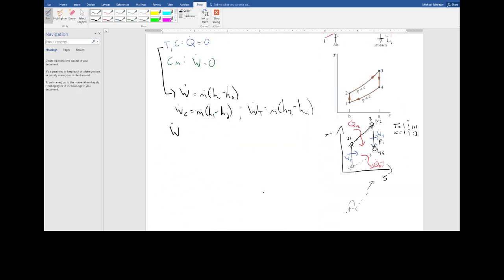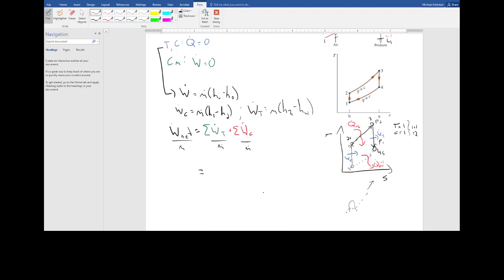So I know that my W dot net is going to be the sum of all my turbine powers, which I expect to be positive, plus the sum of all my compressor powers, which I expect to be negative. And then if I'm going to divide by the mass flow rate, then I divide those terms by the mass flow rate too.